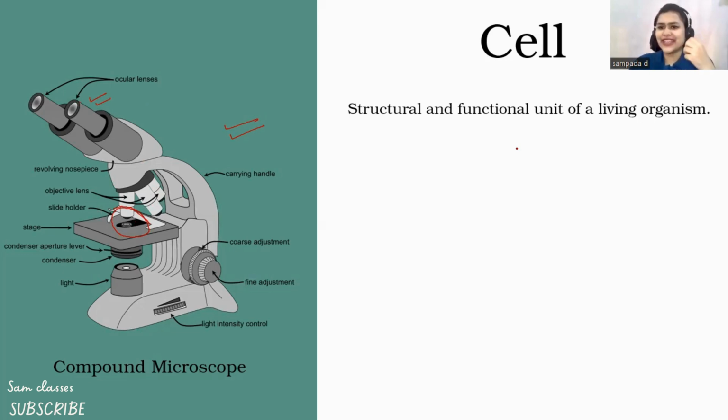Now you might be thinking, ma'am, why do we call the cell the structural and functional unit of a living organism? Let me answer that. We call it the structural unit because, students, let us consider a cell. Many cells combine together to perform a common function in the name of tissues. A number of tissues combine together to perform a common function in the name of an organ, right?